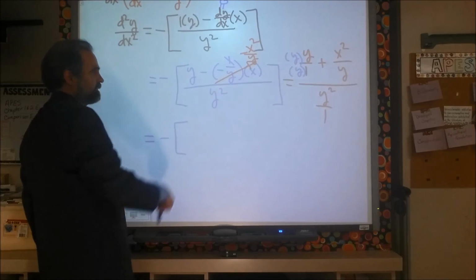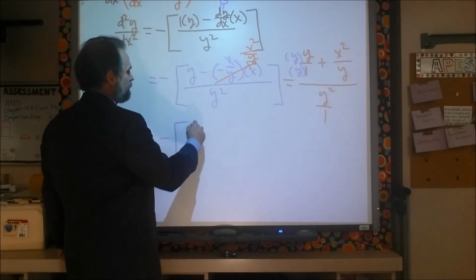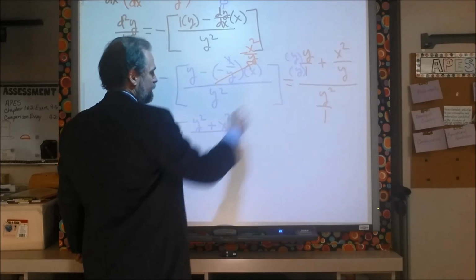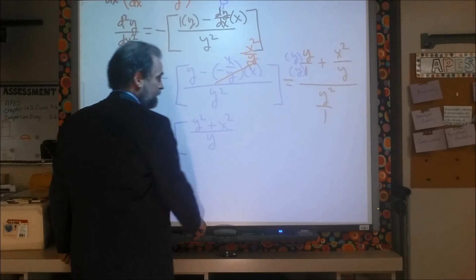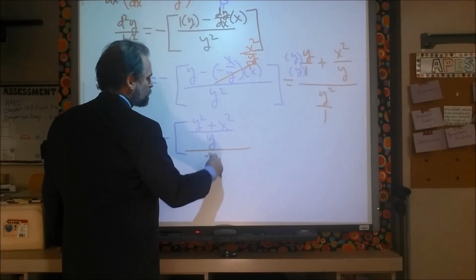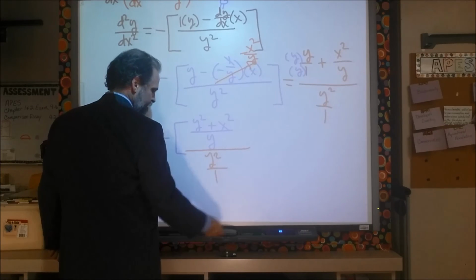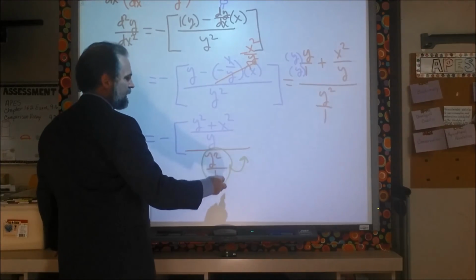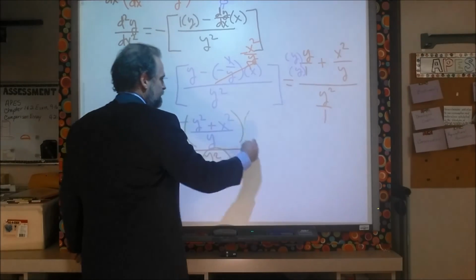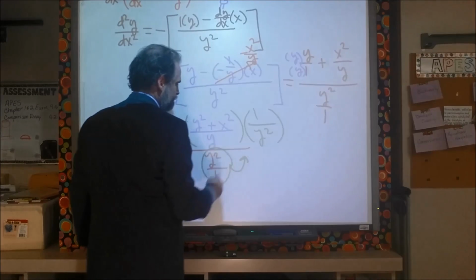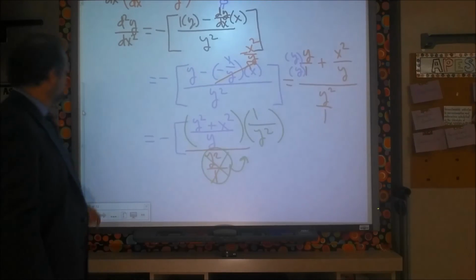The opposite of y squared plus x squared all over the common denominator y, divided by, right, y squared over 1. And what's going to happen is I'm going to invert this divided by that, and I'm going to have this times the reciprocal of that. Yes? So it's no longer there.